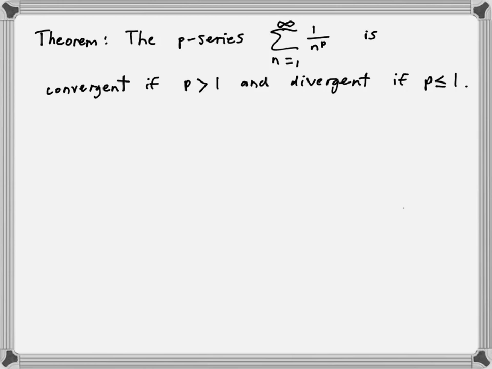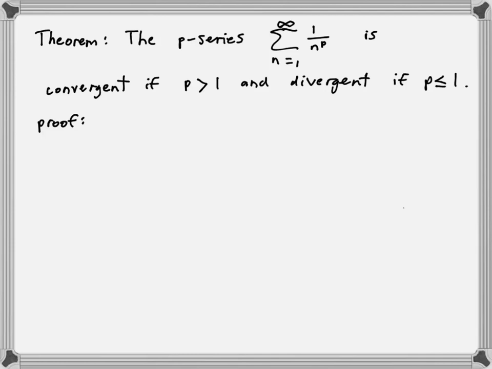So it turns out that 1 is the cutoff. Okay? So I am going to do the proof of this, and I'm going to show you how we can use the integral test to prove that this is true, that 1 is the cutoff here.